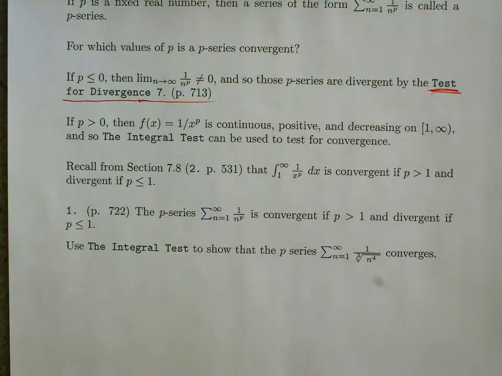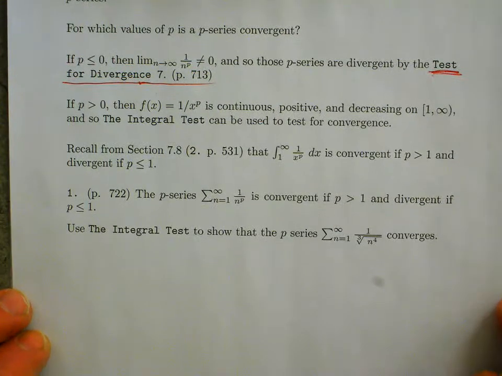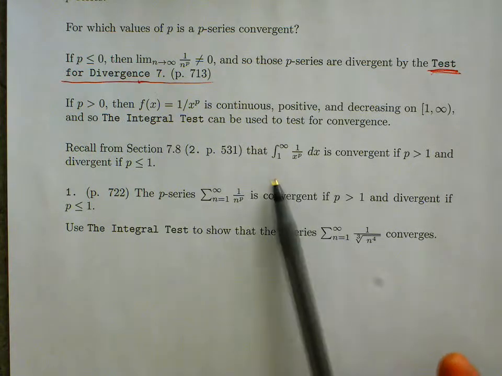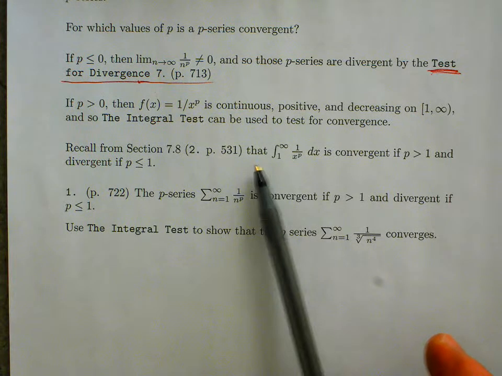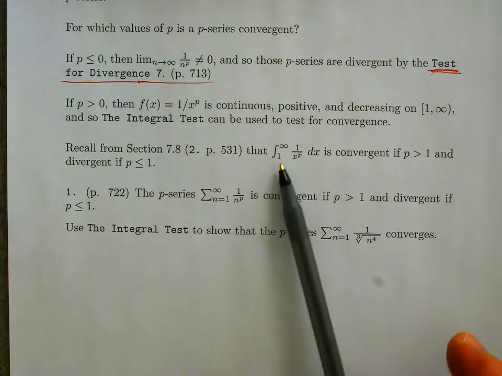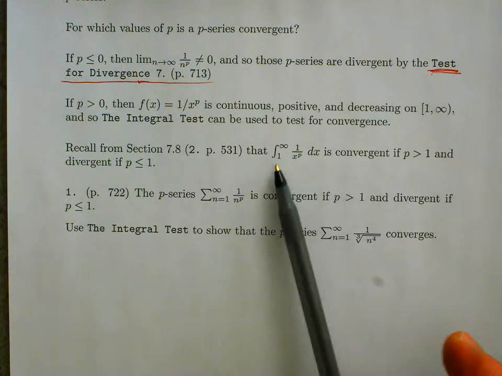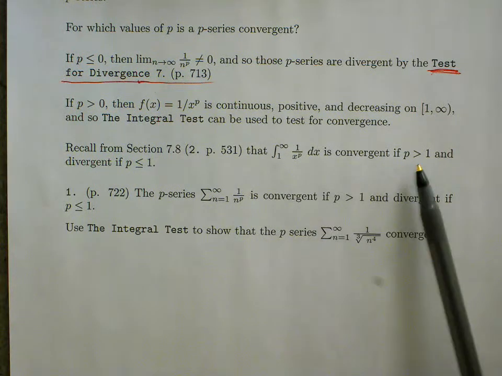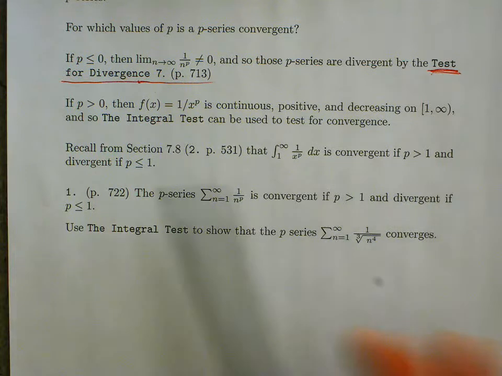Okay, but we've answered this question before in section 7.8. In that section, we saw that the improper integral of 1 over x to the p, as x ranges from 1 to infinity, is convergent if p is greater than 1 and divergent if p is less than or equal to 1.